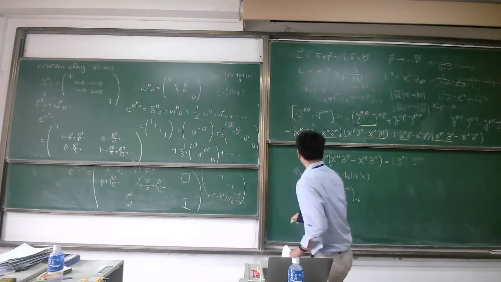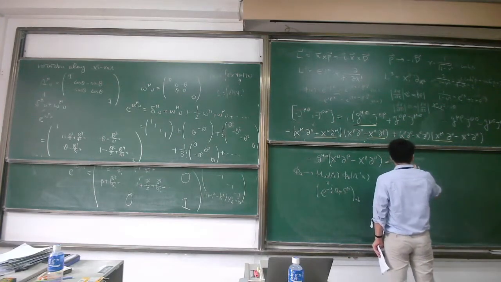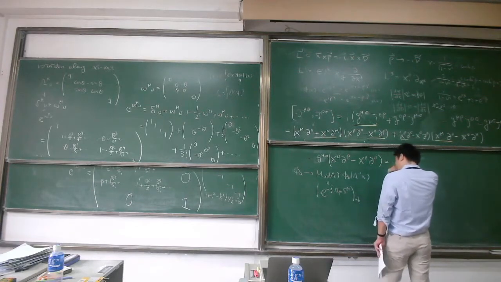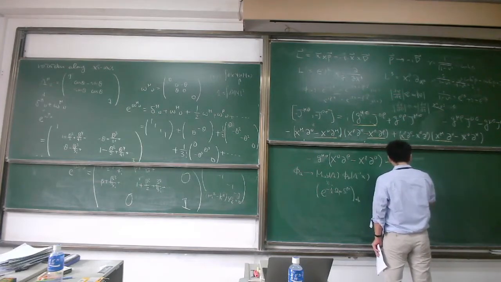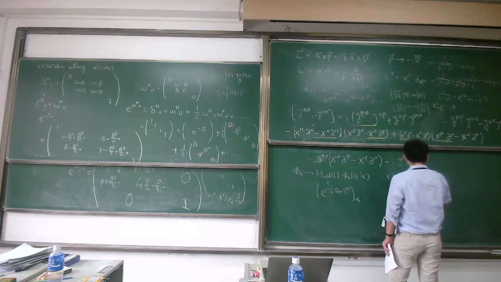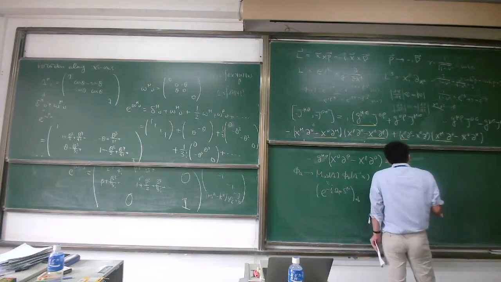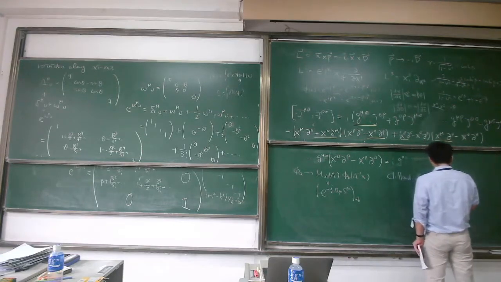Okay, so to this end we introduce the so-called Clifford algebra. So introduce the 4x4 matrix. Any matrix is okay, but now it's just a 4x4 matrix.